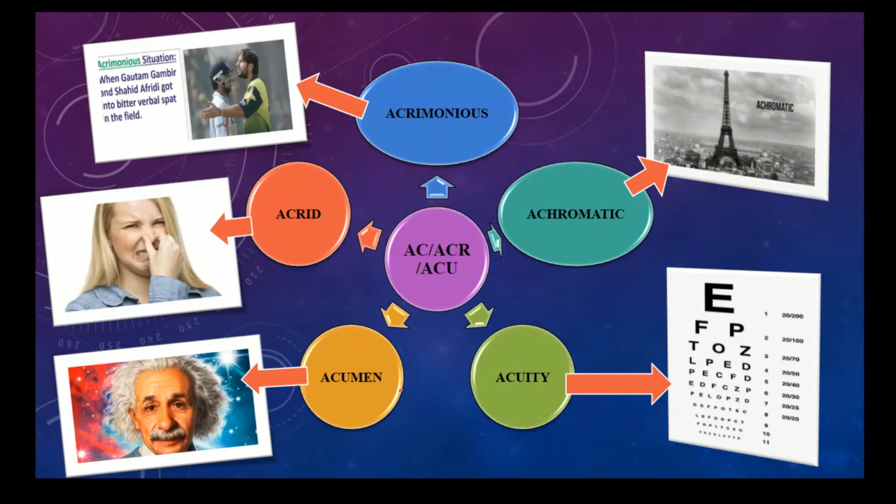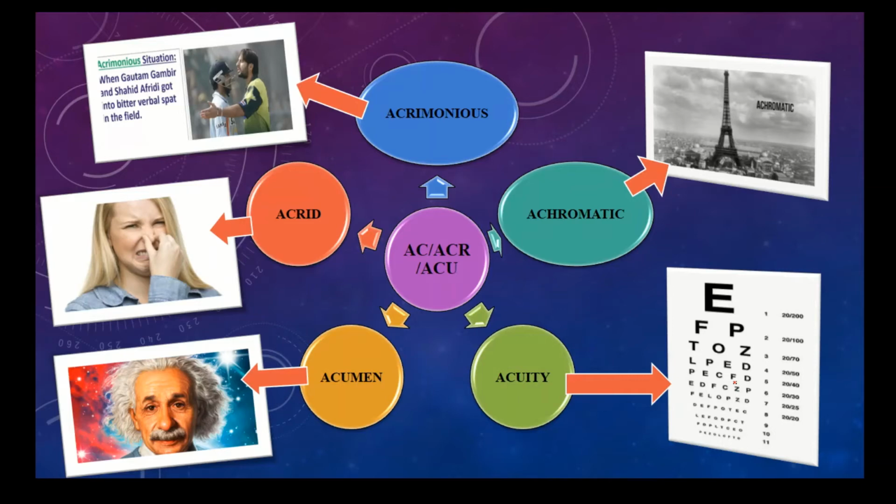Now next one, acuity. Acuity meaning sharpness of vision, hearing, thought. Such meanings are also there for acuity. In this picture, you might have seen this board in an eye hospital.